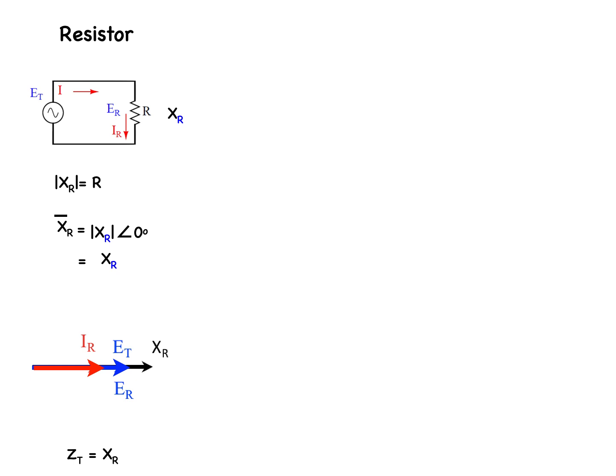So everything is easy to work out, everything is in phase, and you can see it in our phasor diagram here.